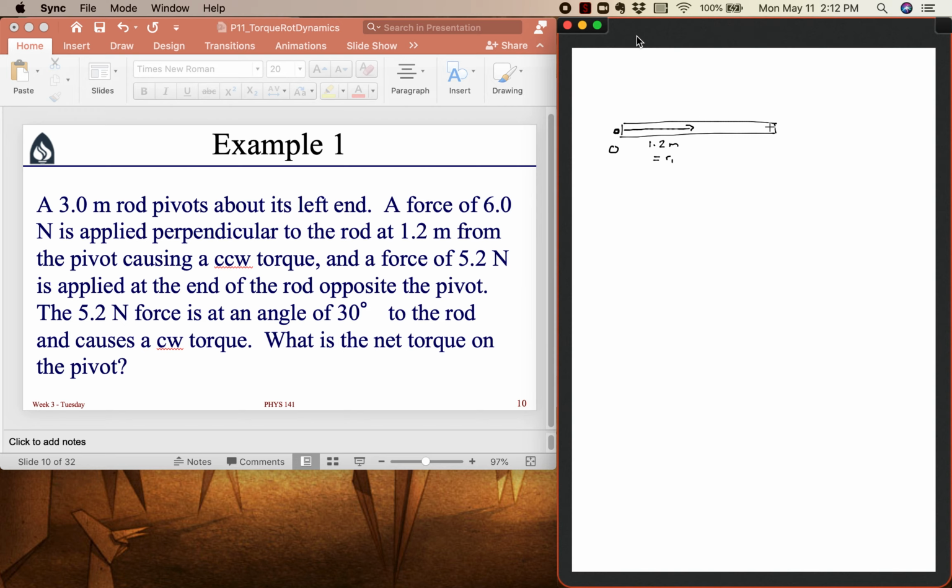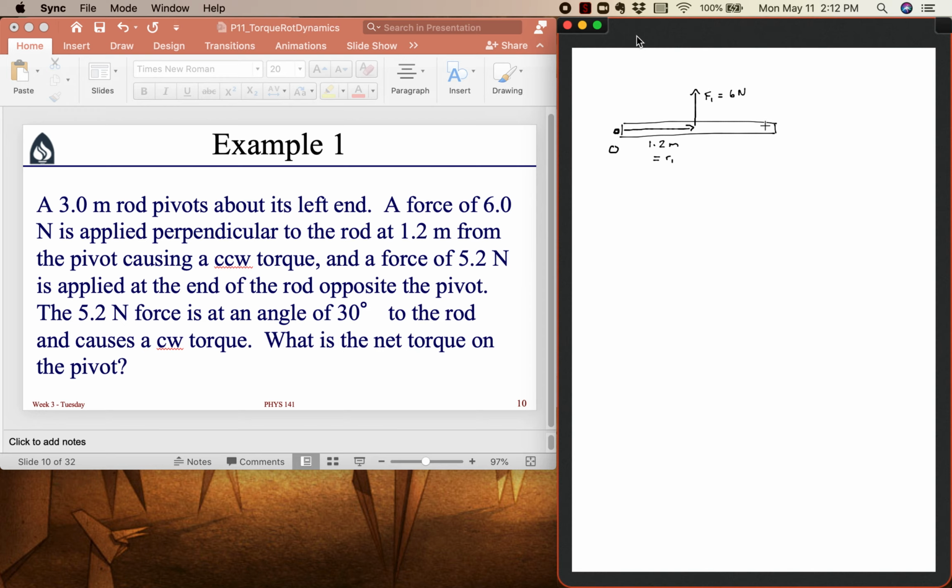So that means the rod would swing in the counterclockwise direction if only this force was applied. So that must mean that the force is in this direction. It's perpendicular to the rod, and it would cause the rod to swing in a counterclockwise direction. So I'll call this F1, and this has a magnitude of 6 newtons.